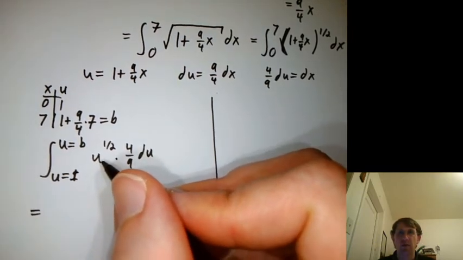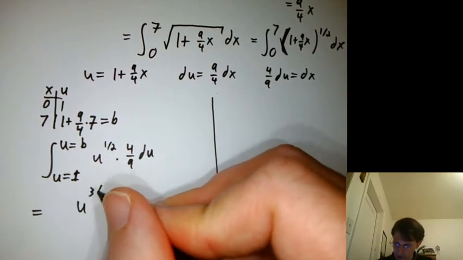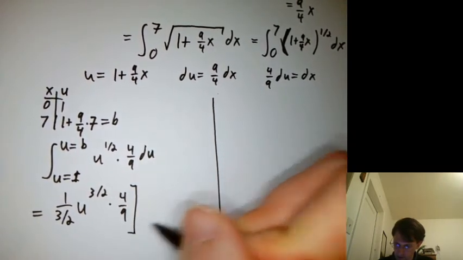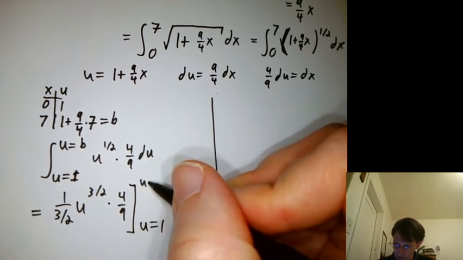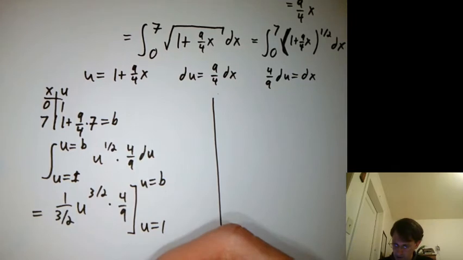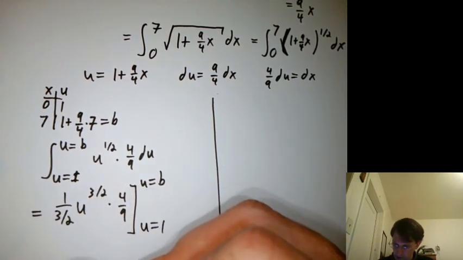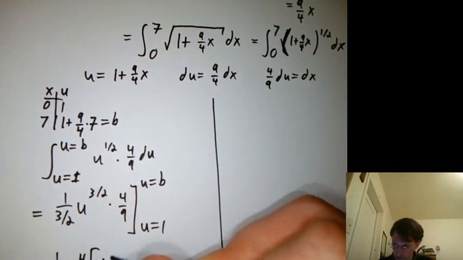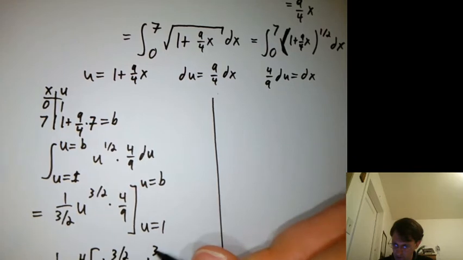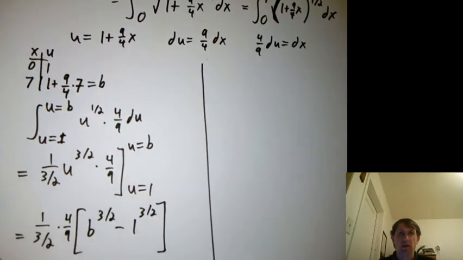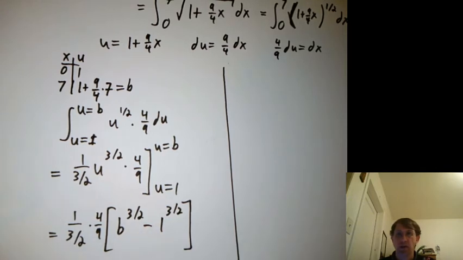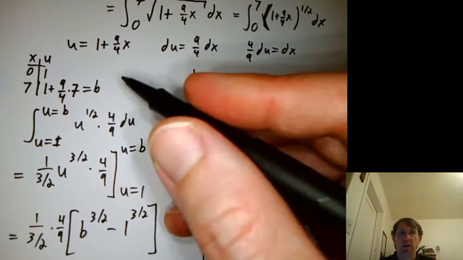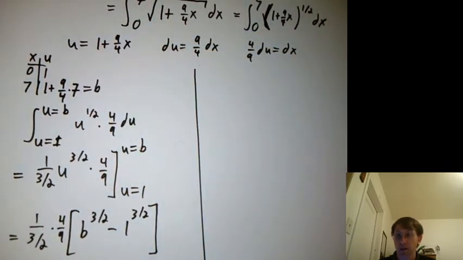What's the antiderivative of u to the 1/2? It's u to the 3/2, 1 over 3/2, times 4/9, from u equals 1 to u equals b. We can pull all these constants out front: 1 over 3/2 times 4/9 times b to the 3/2 minus 1 to the 3/2. And let Desmos do all the plugging in algebra for us. Or we could do it all as indefinite and then plug in our 0 and our 7 later.